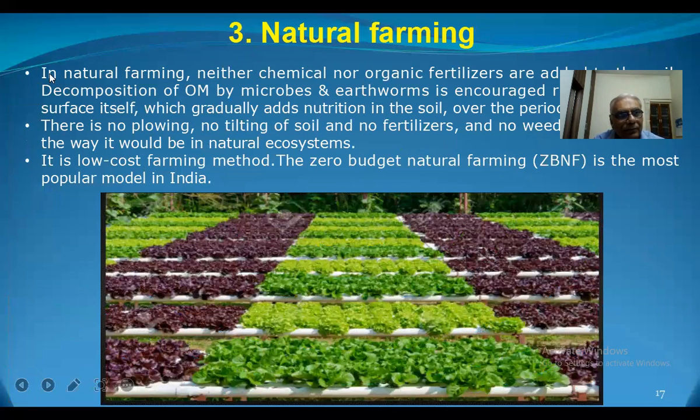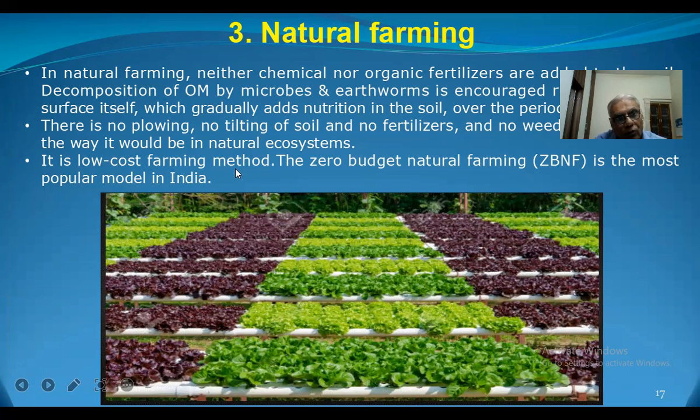Then natural farming. In natural farming, neither chemical nor organic fertilizer is added to the soil. Decomposition of organic matter by microbes and earthworms is encouraged, which gradually adds nutrition to the soil over time. There is no plowing, meaning zero tillage, no tilling of soil, no fertilizer and no weeding, the way it would be in a natural ecosystem.